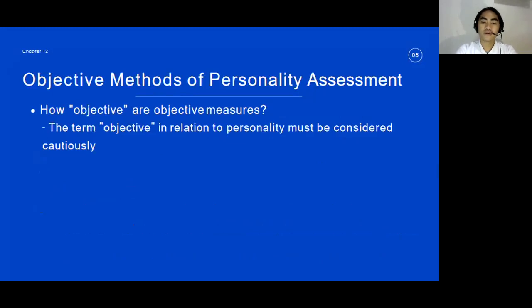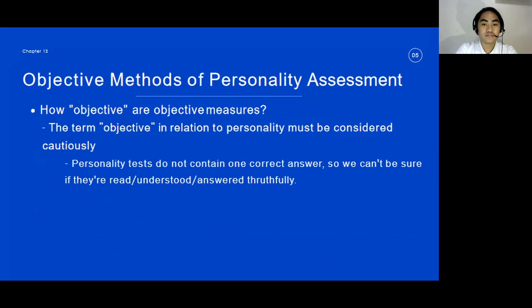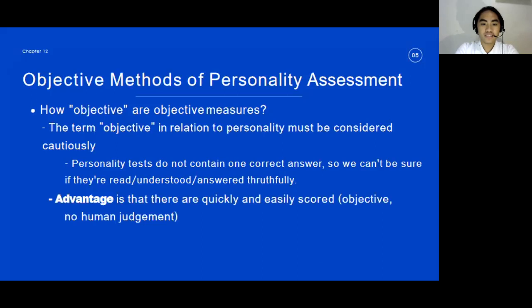So how objective are objective measures? The term objective in relation to personality must be considered cautiously. Personality tests do not contain one correct answer, so we can't be sure if the participant has read, understood, or answered truthfully. The advantage is that they are quickly and easily scored.